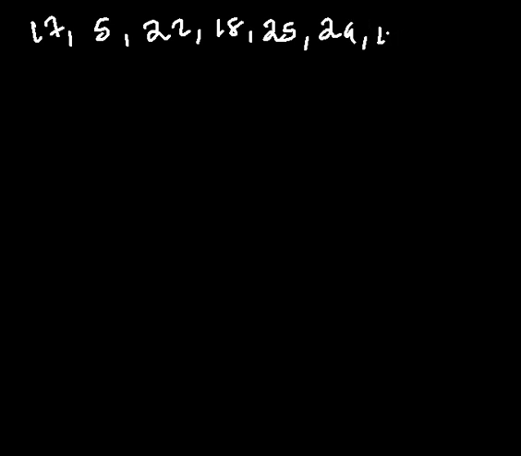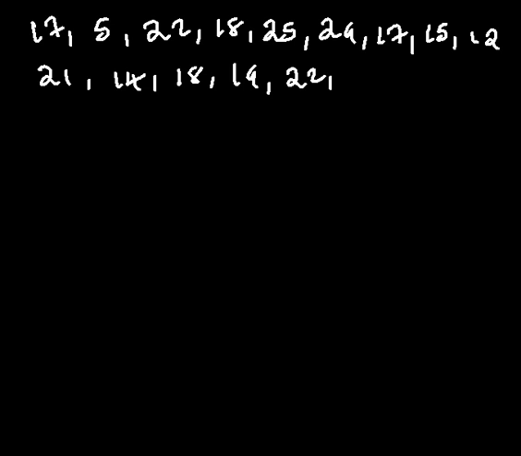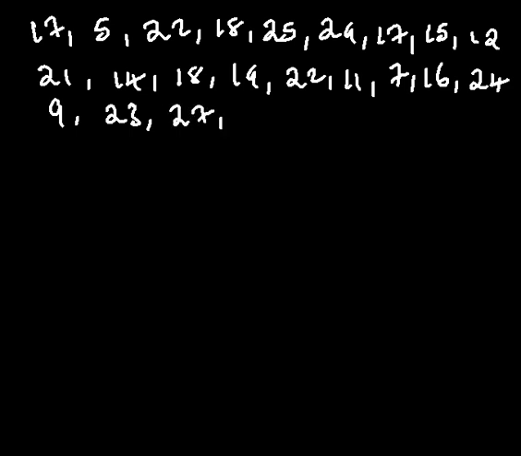Let's say we have this data: 17, 5, 22, 18, 25, 29, 17, 15, 12, 21, 14, 18, 19, 22, 11, 7, 16, 24, 9, 23, 27, 16, 13, and finally 8.